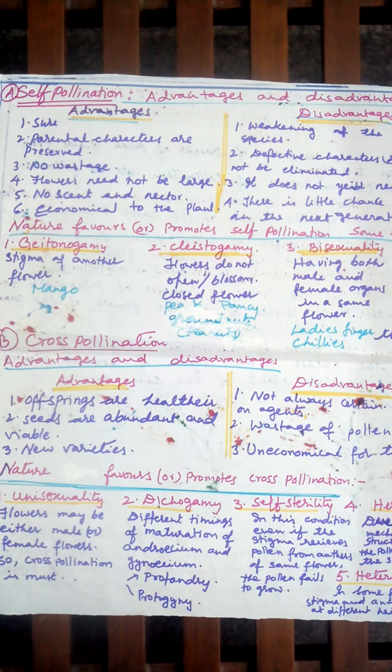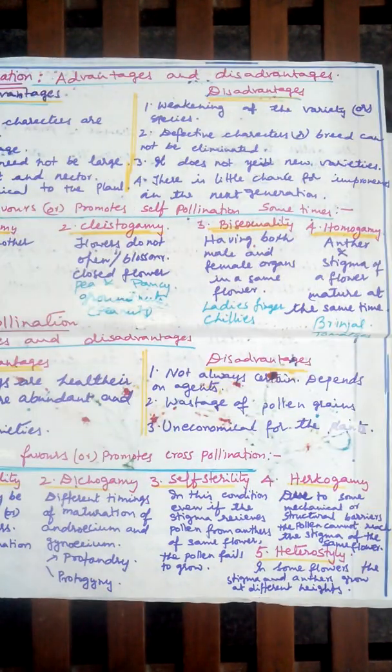Is that clear? So the first one you have learnt is geitonogamy. Next one is bisexuality. Now you have learnt cleistogamy, where the flowers never open, that is, pollination occurring in closed flowers. Now we are moving to the fourth one, how nature facilitates self-pollination. That is homogamy.